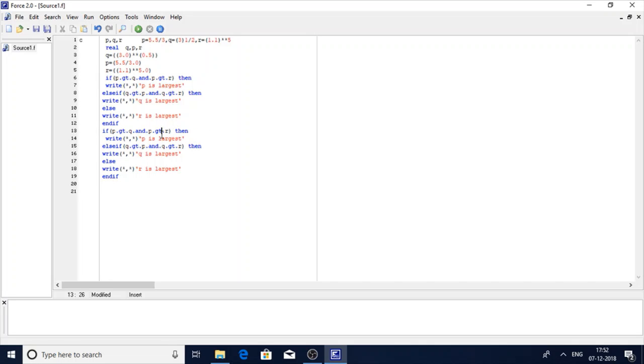Just here you have to write less than, which will be LE or LT, whichever you like. Right, here LE. P is less than Q, P is less than R. That means P is smallest, right?